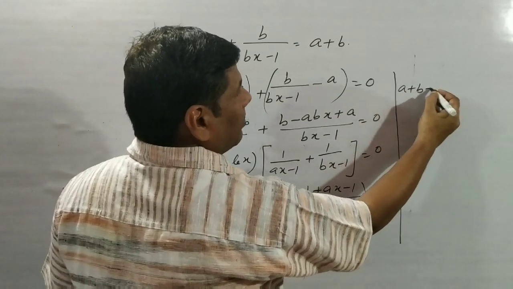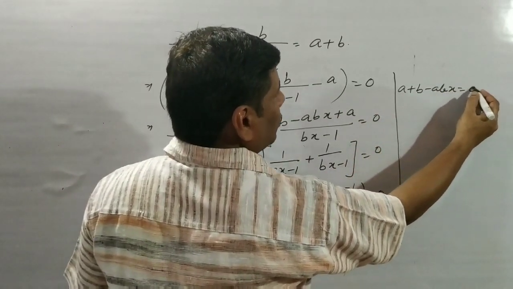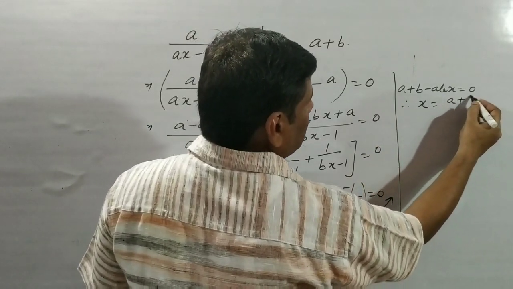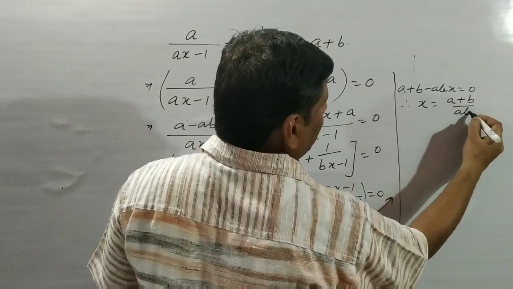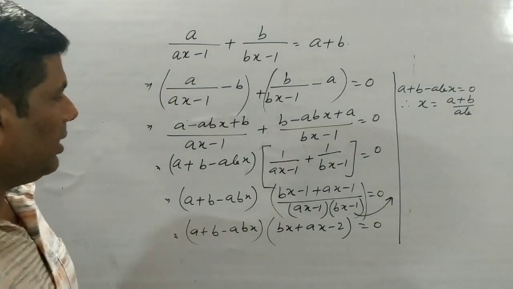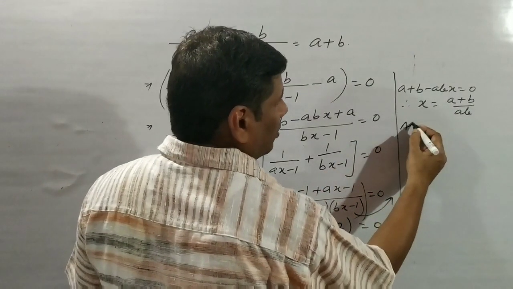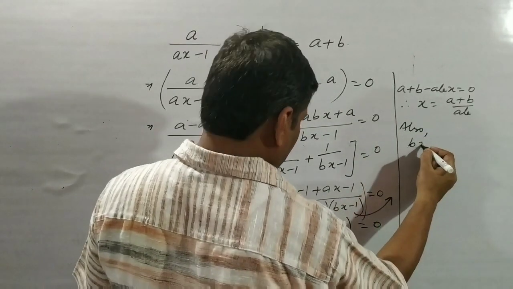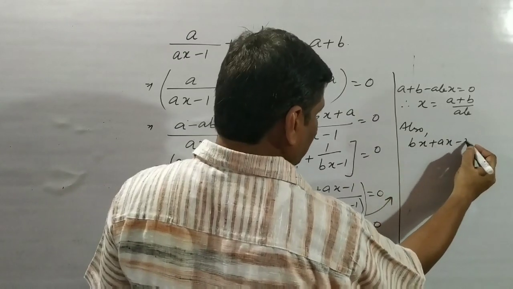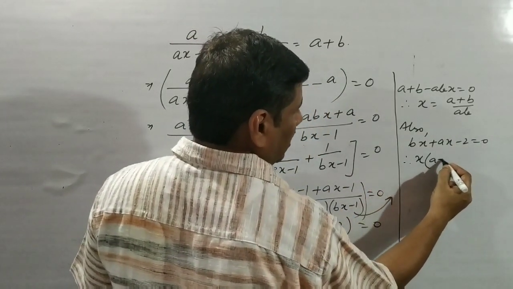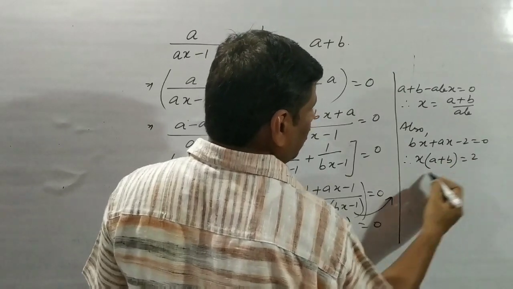So what we will get? a plus b minus abx equals to 0. We will get x equals to a plus b by ab. Also, if we solve this one, bx plus ax minus 2 equals to 0, we will take x as common. a plus b equals to 2.